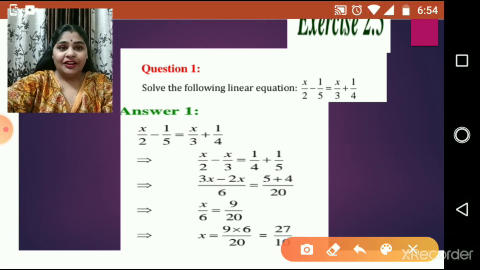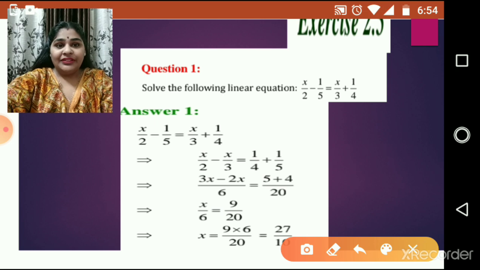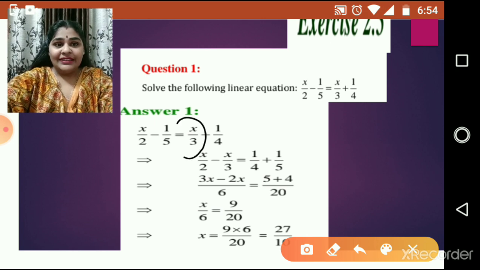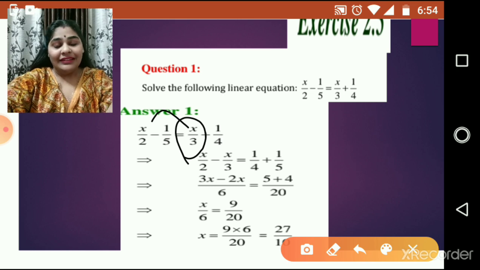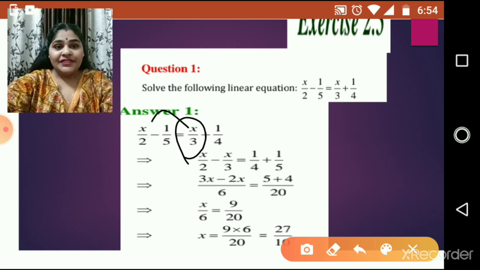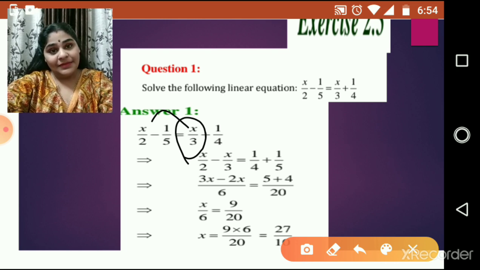Now you can see this x upon 3 which is present in the right hand side, I will transpose it to the left hand side. It is positive, so once it goes to the left hand side it becomes negative.